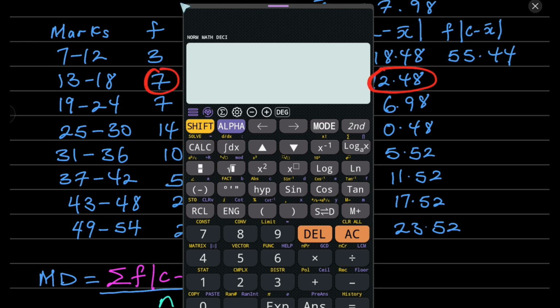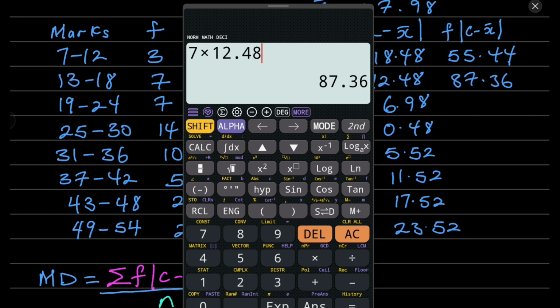Up next we have 7 times 12.48, which is 87.36. Next, 7 times 6.98 is 48.86. Next, 14 times 0.48 is 6.72.